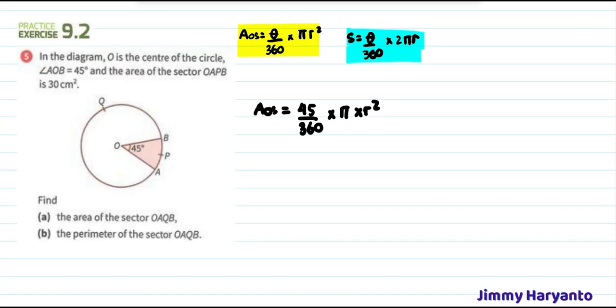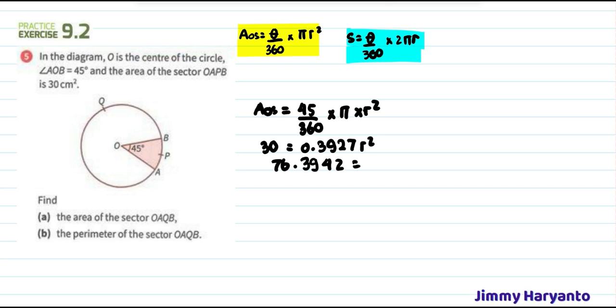Okay, let me zoom in. The area of sector is 30, so 30 equals, let me calculate it first, 45 divided by 360 times pi. We will have 0.3927 r square, and then 30 divided by 0.3927 is 76.3942 equals r square.